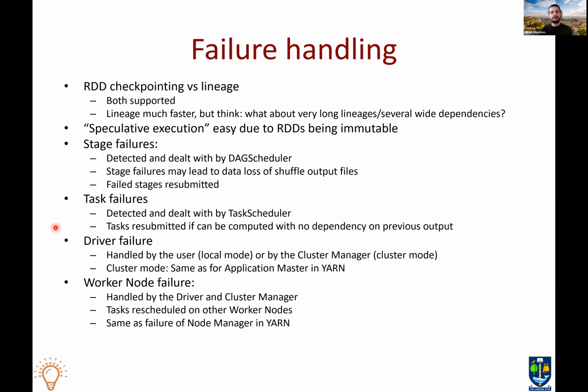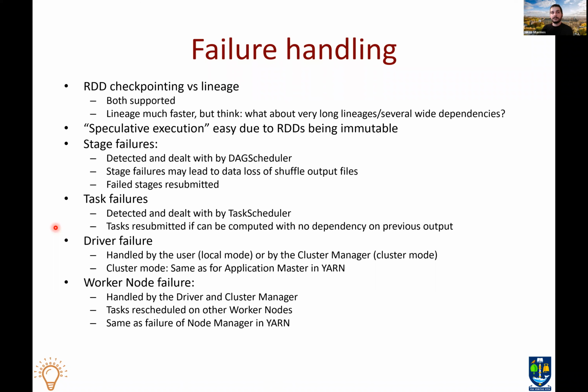If we lose a worker node, then that's handled by the driver and the cluster manager. So the driver will know a worker node failed because the cluster manager will tell it so, and the cluster manager will know because the node manager, the resource management infrastructure thing that runs on every node, will inform the cluster manager.